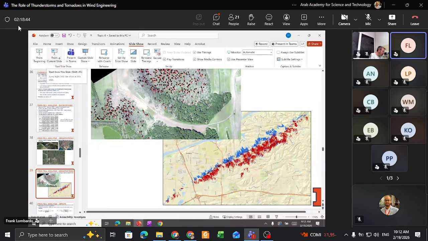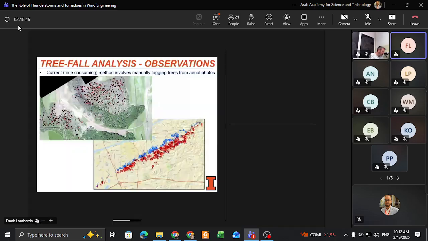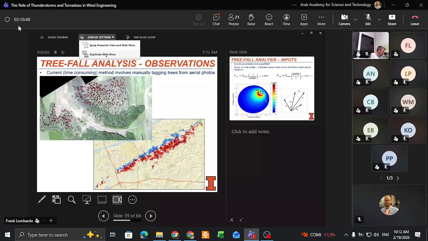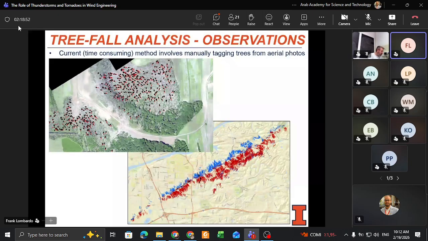Here's an example. Right now there are a couple of ways, and Dave Sills may talk about it tomorrow. Initially, when I started this as a postdoc, I was manually tagging trees in ArcGIS, tens of thousands of trees, creating a vector, drawing it myself, and saving that information.